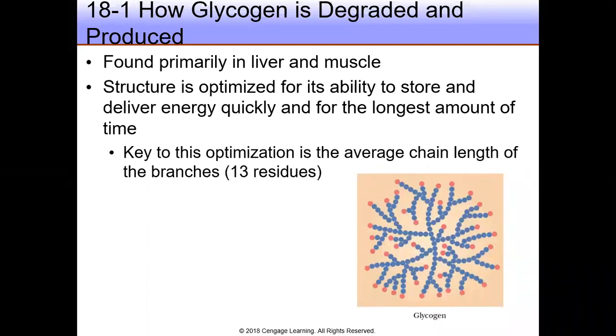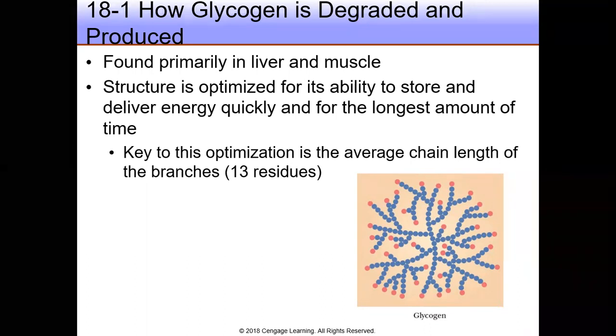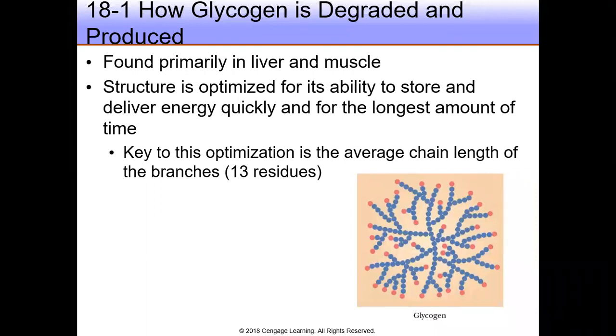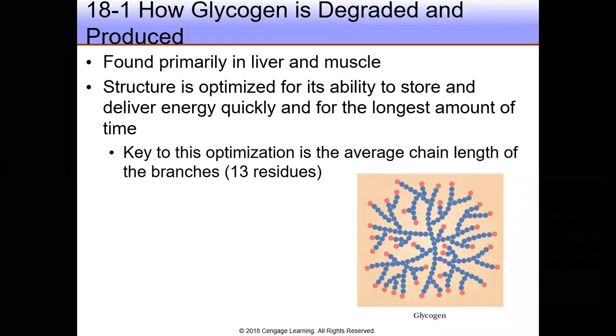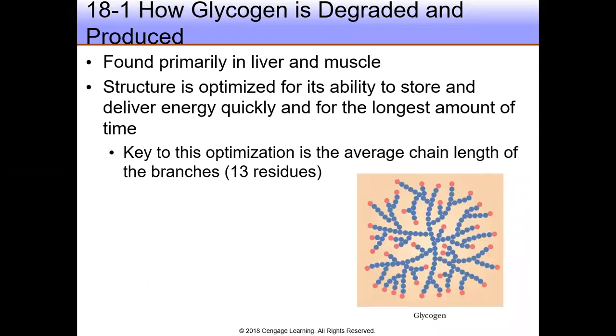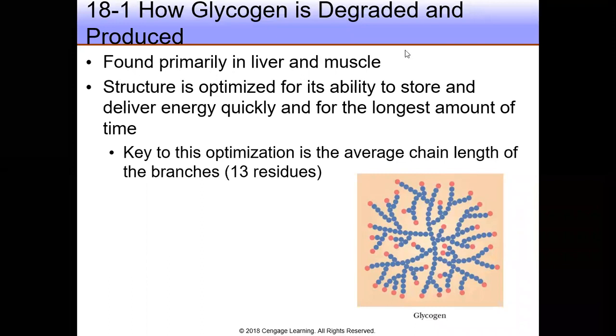Now, in the degradation of glycogen, several glucose residues can be released at the same time, one from each end of a branch rather than one at a time, as would be the case in a linear polymer. Studies show that glycogen is optimized for its ability to store and deliver energy quickly and for the longest amount of time possible.